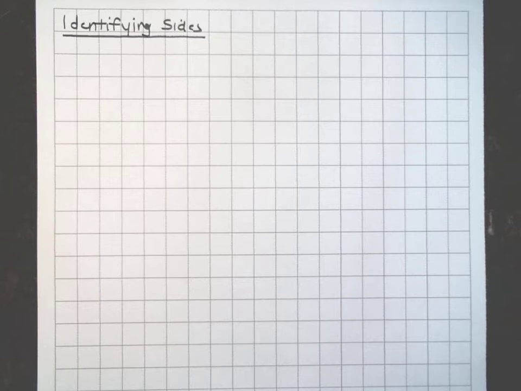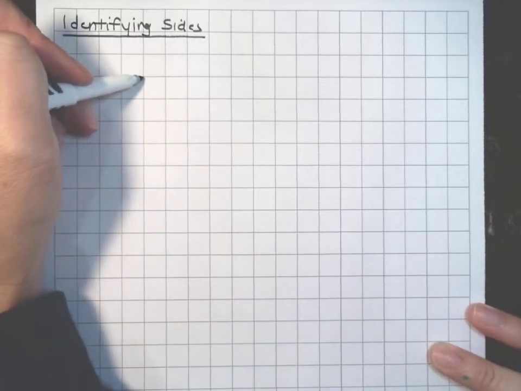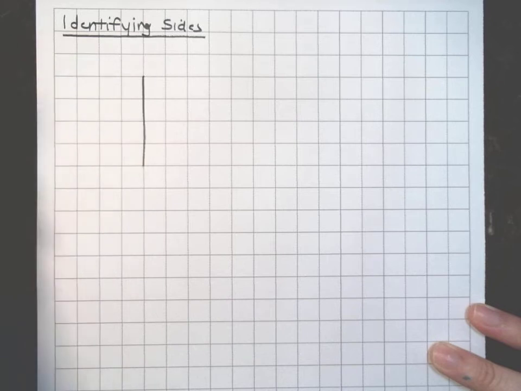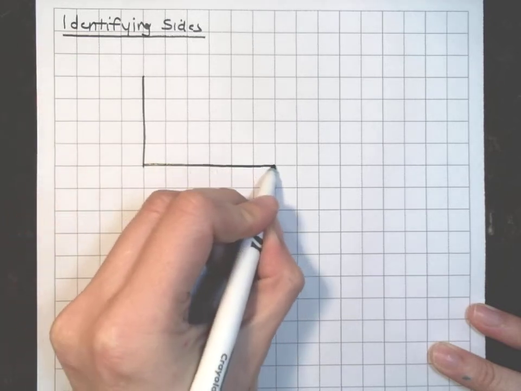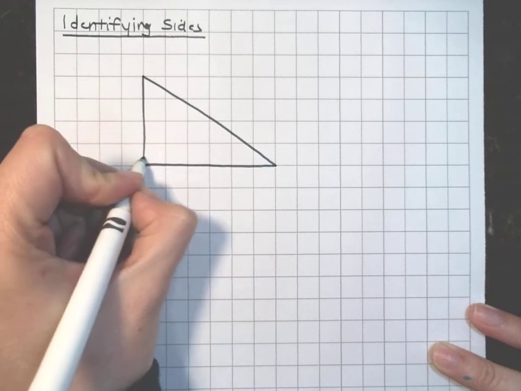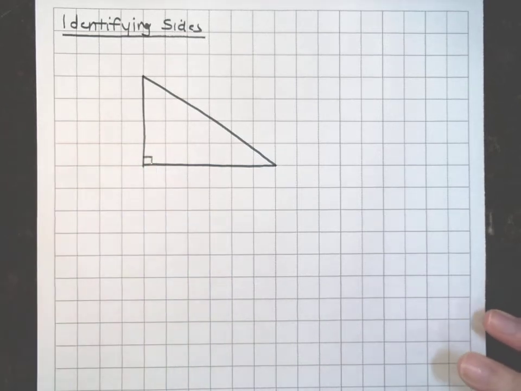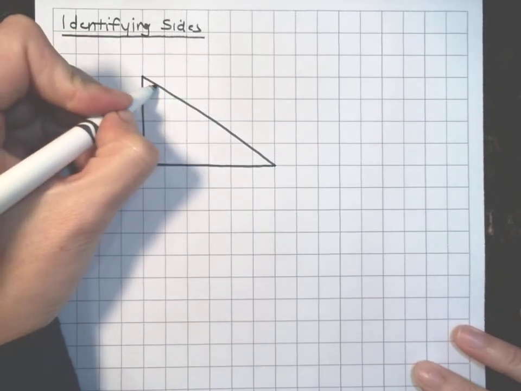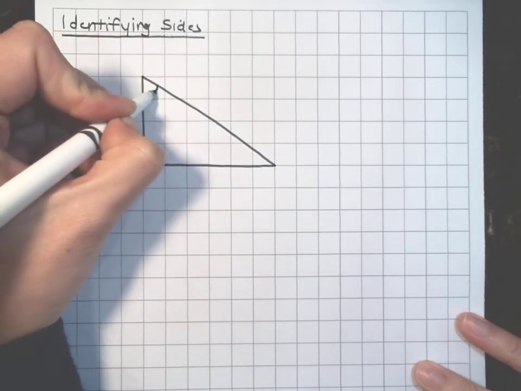So we use the trig functions for right triangles. So let's get a nice big right triangle. We're going to say this is our angle.